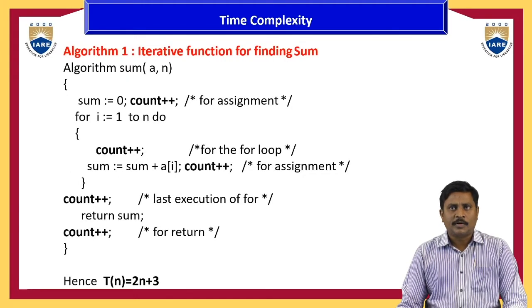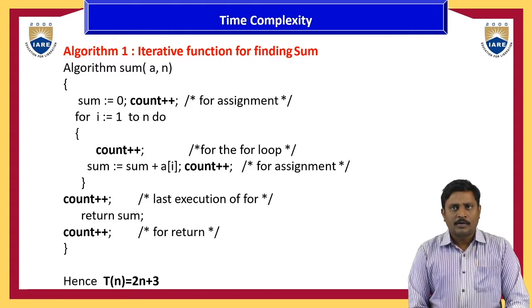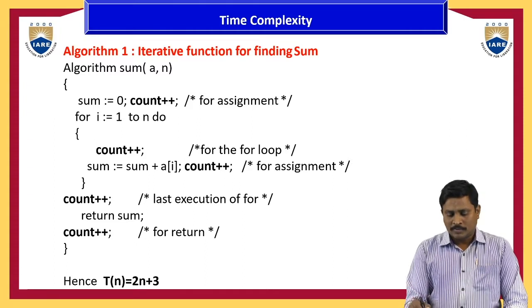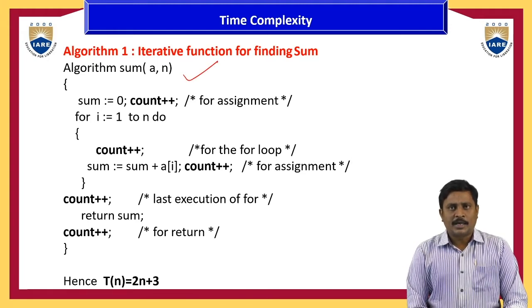Now here you see an algorithm, the iterative function for finding sum, that means RSum. Already we discussed this program. Here we see sum of a comma n, an array a of n elements.